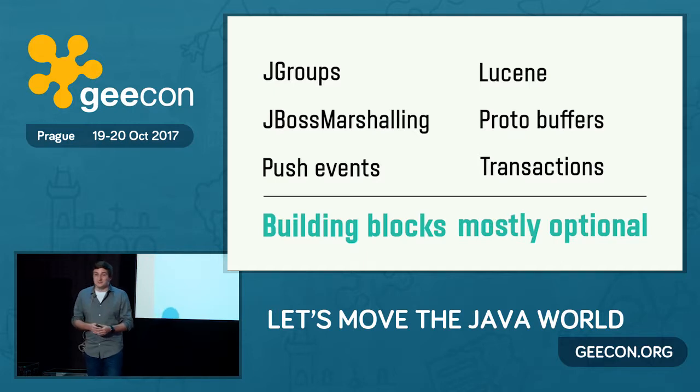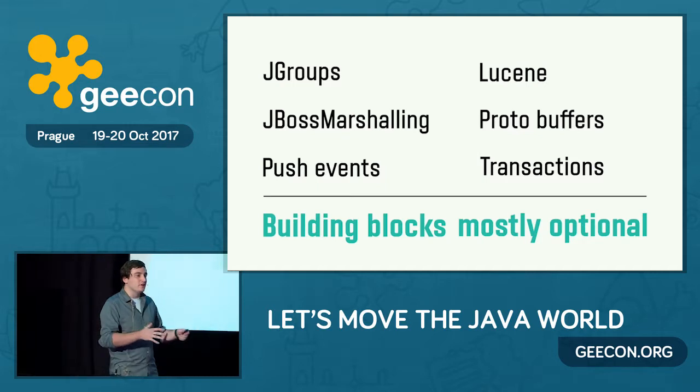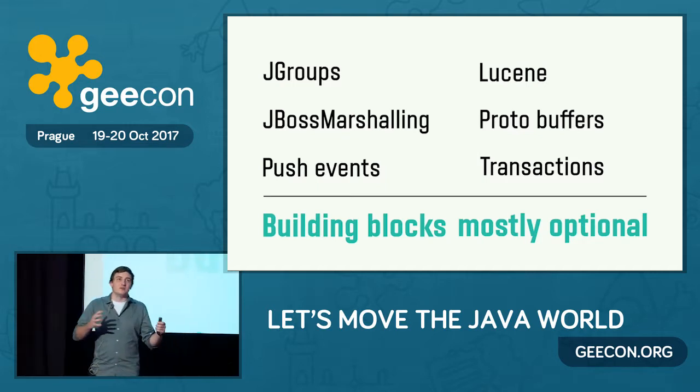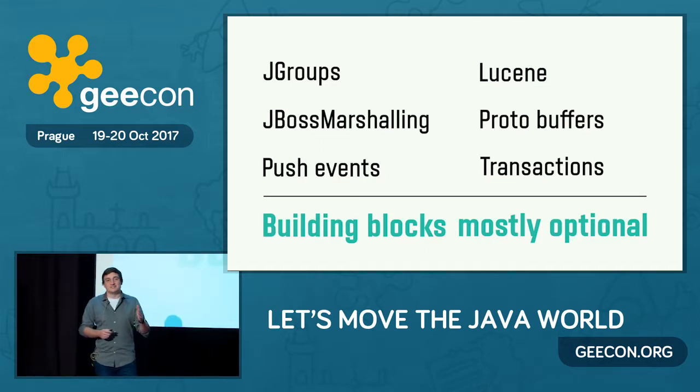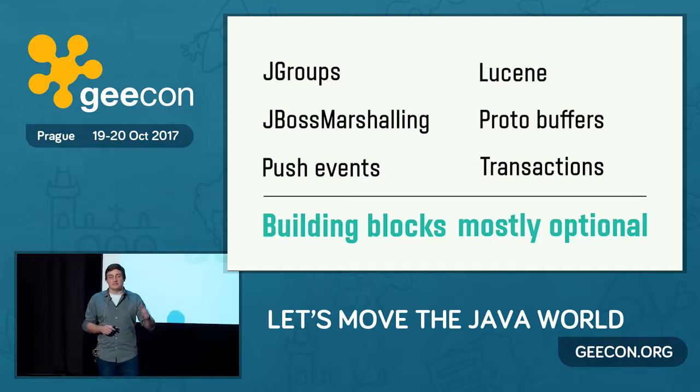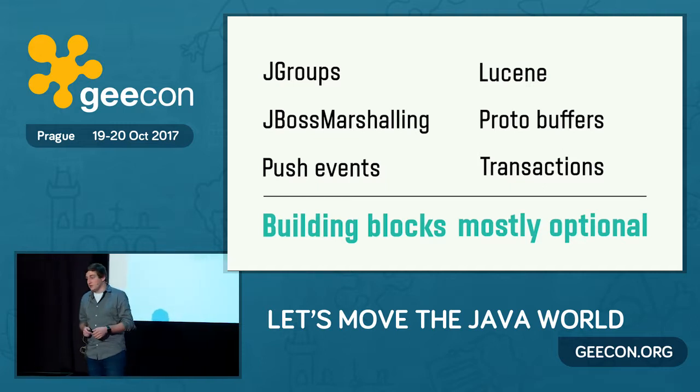But what's nice about Infinispan is that it is really modular, and you can only load what you are really using. So JGroups is something that will always be there. That's something that cannot be changed. However, everything else, it depends on you whether you want it or not. You can include it, and you don't have to.